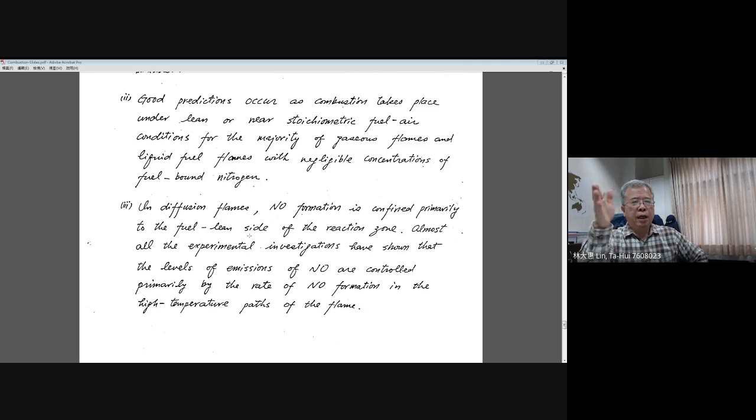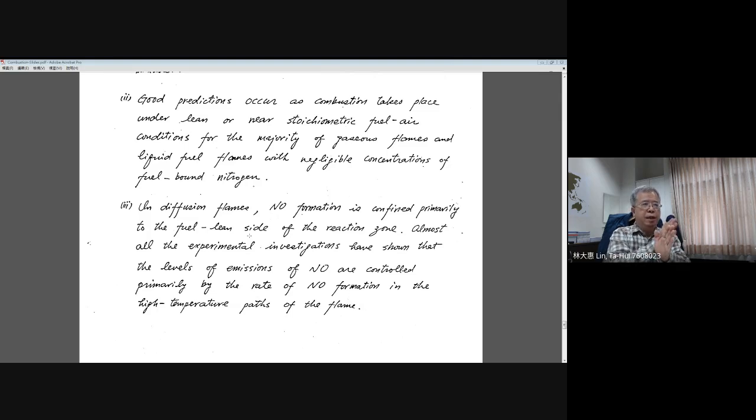On the fuel-rich side, you do not have too much oxygen and nitrogen, even though they have a higher temperature. And as we described earlier for particulate formation in a diffusion flame, the fuel side contains a lot of fuel, so it can produce carbon particles quickly, and near a high temperature region you can have good formation of carbon particle soot.